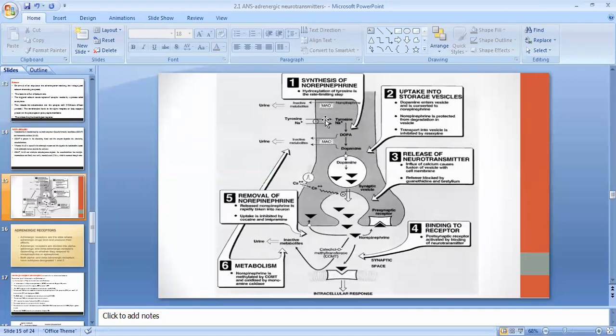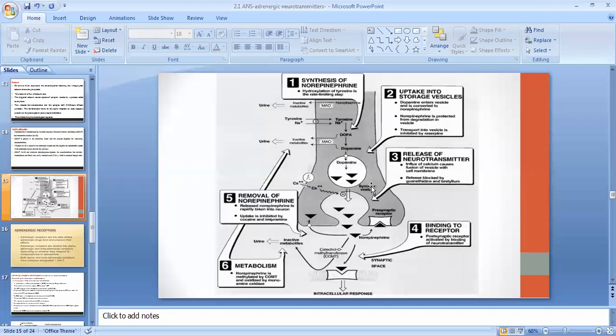So they are all synthesized. But the release of these synthesized neurotransmitters totally depends upon the entry of calcium ions. And when the impulse is carried through the nerve, at that time it makes the entry of those calcium ions inside the nerve.